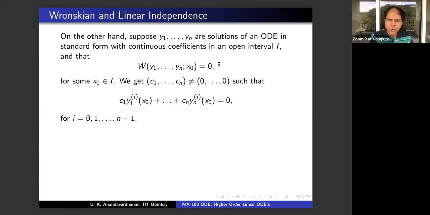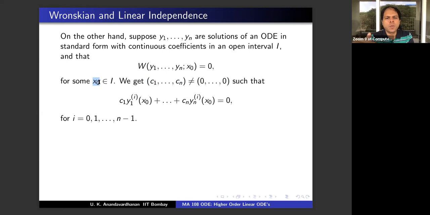Because the Wronskian is zero at one point, you will get a non-zero tuple c1, etc., cn, such that c1 y1 ith derivative plus etc. plus cn yn ith derivative is zero. Why do you get this? Because once again, at some point, the Wronskian is given to be zero. And these are solutions, so all these solutions and their derivatives you consider at the point x0.